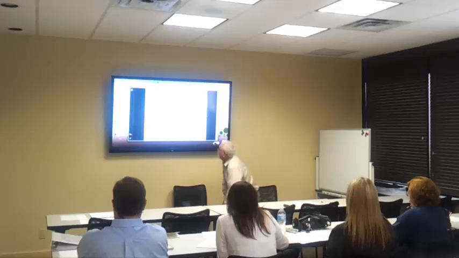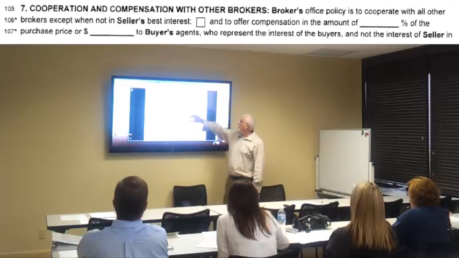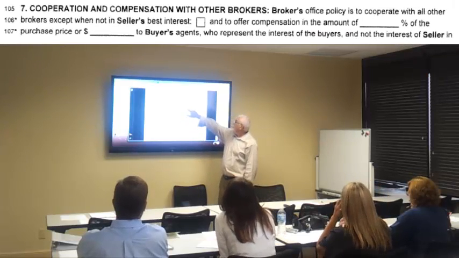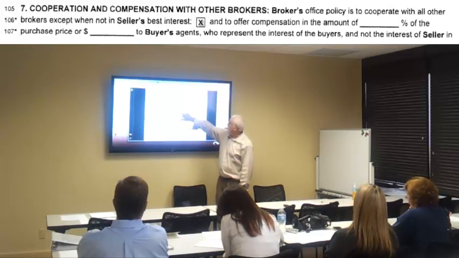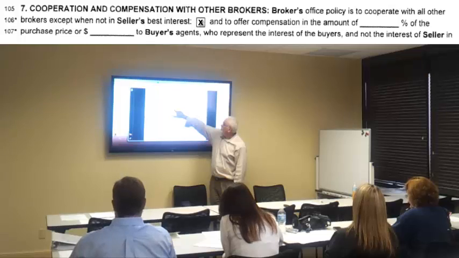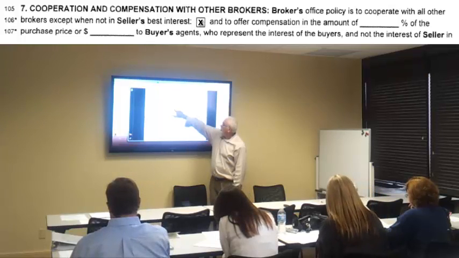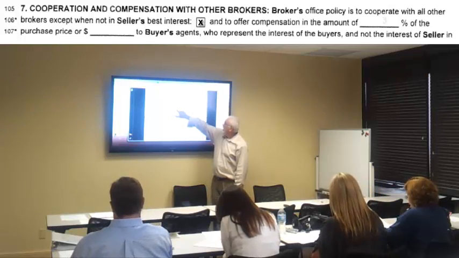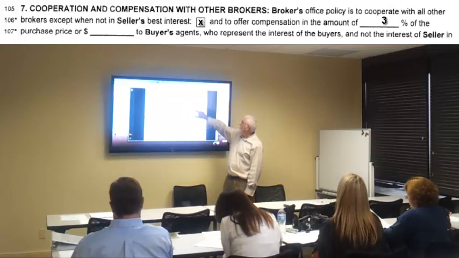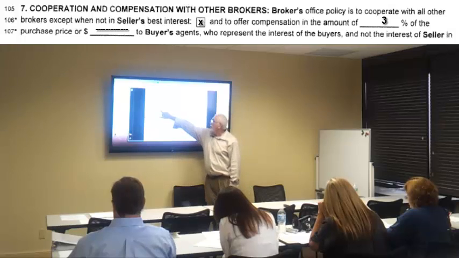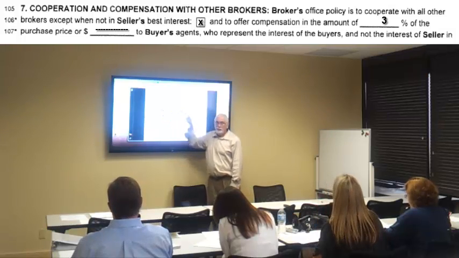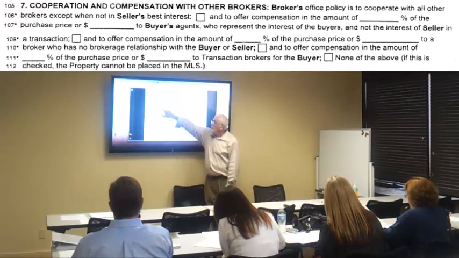You'll see here, just follow along with me on your paper. Broker's office policy to cooperate with all brokers except when not in seller's best interest. Check this box. On line 106, and to offer compensation the amount of, put 3% there, of the purchase price, or draw a line through that one where that dollar amount is, on 107.